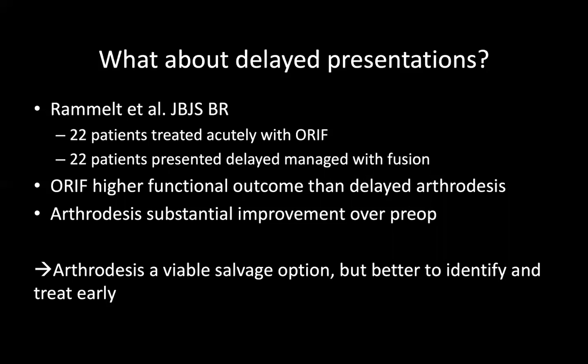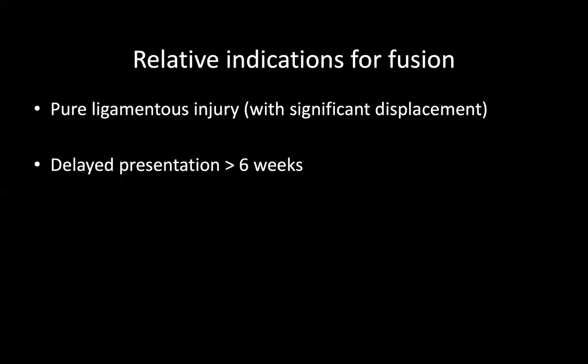So the take-home point was that if you get a late presentation, you can salvage it with a fusion, and that's a good indication for fusion, but you'd much rather just identify and treat them early. So that's the key message there. You don't want to miss the diagnosis, you want to treat it. So the relative indications for fusion really are the purely ligamentous injuries, particularly the ones that are a little bit higher energy, with more significant displacement.